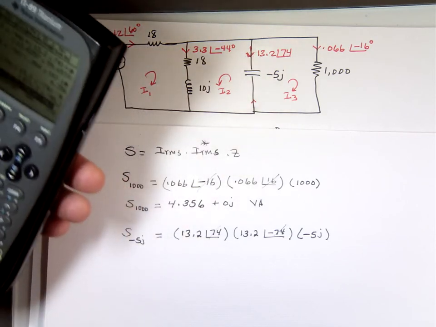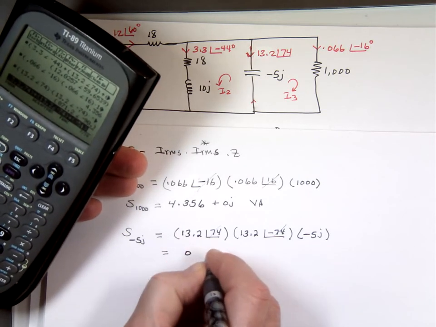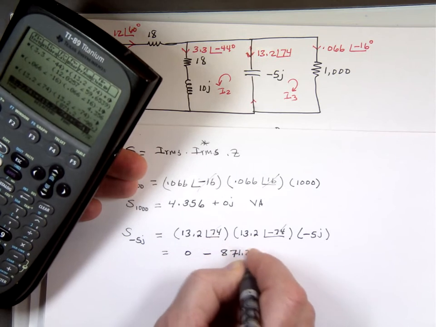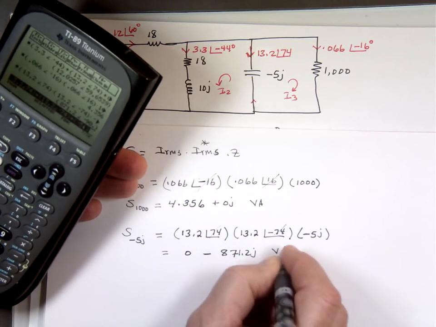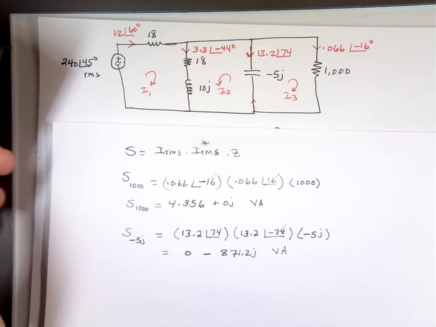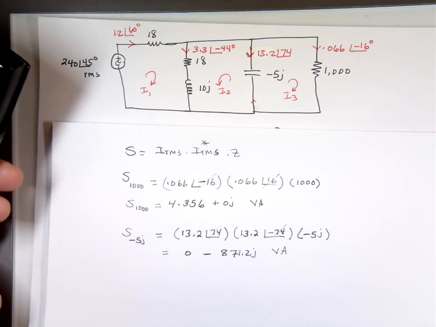So negative 90 degrees means negative J: 0 minus 871.2J VA. There is no real portion. Let me change it back to rectangular for the next set of answers. Negative 871.2J.